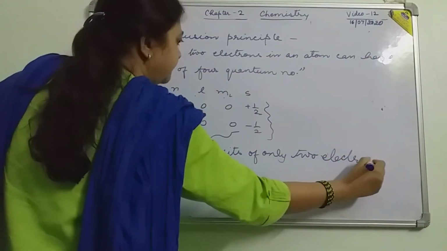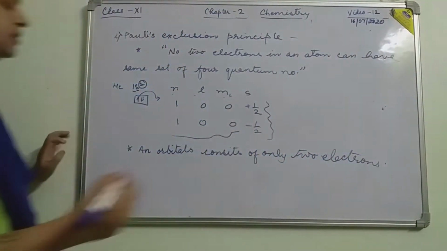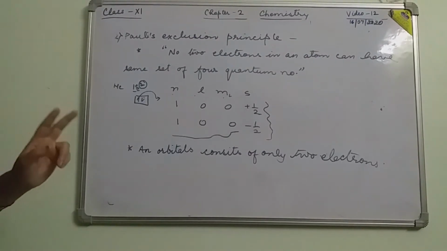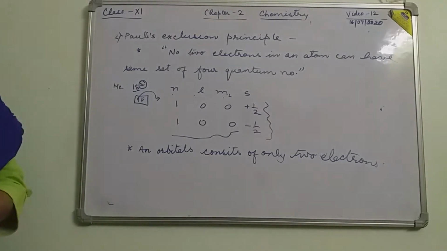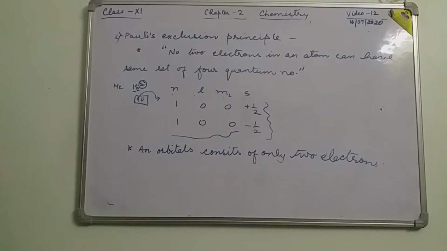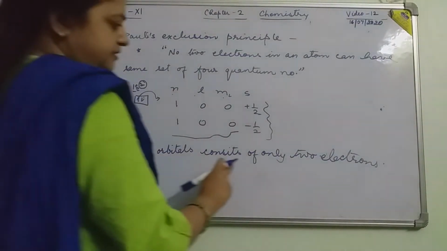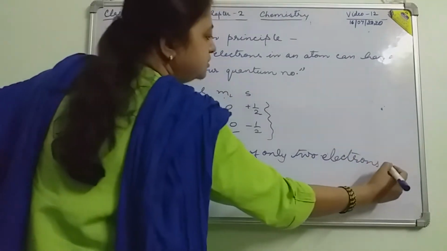Means if an orbital is a room, only 2 electrons can be accommodated in an orbital, and their spins are opposite.